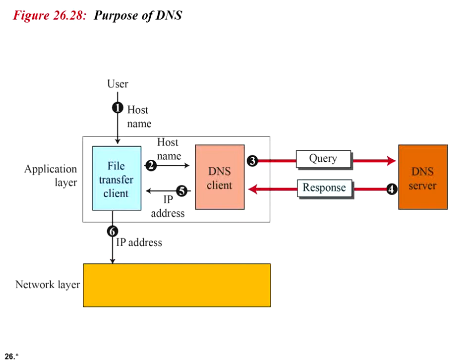Now, first of all, what will happen? The user will pass the host name to the file transfer client. This is the first step. The second step is the file transfer client passes the host name to the DNS client.